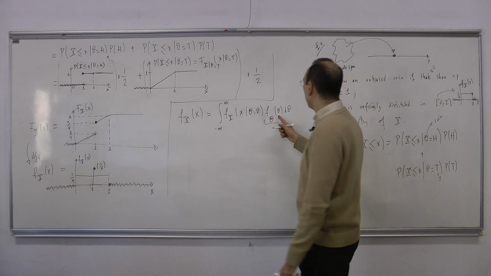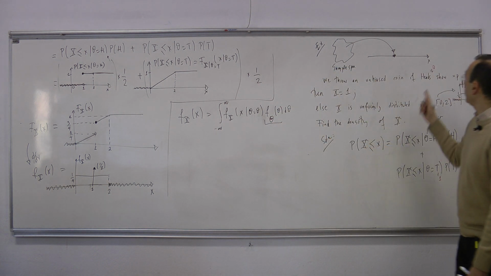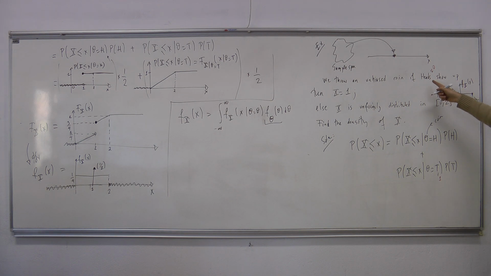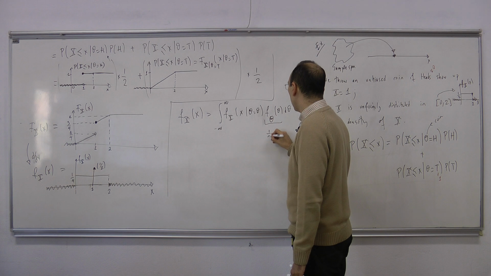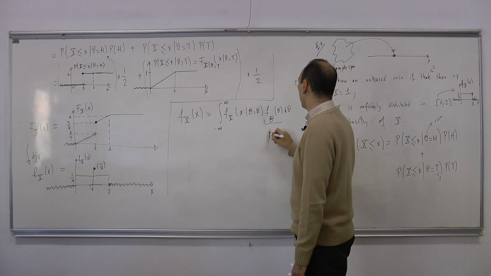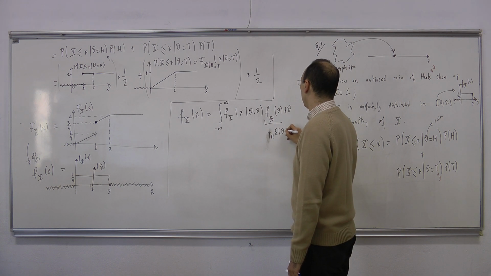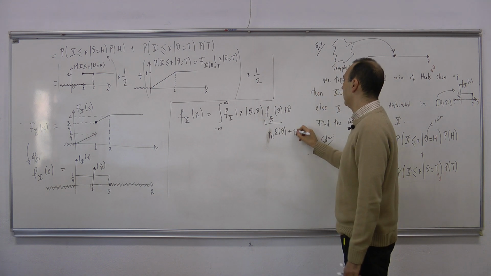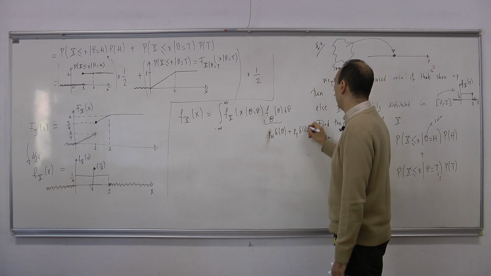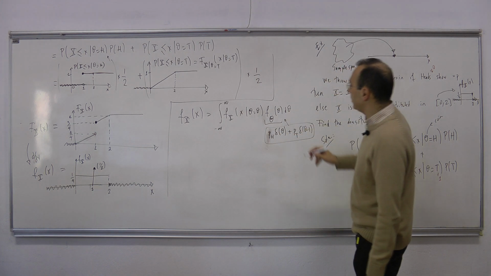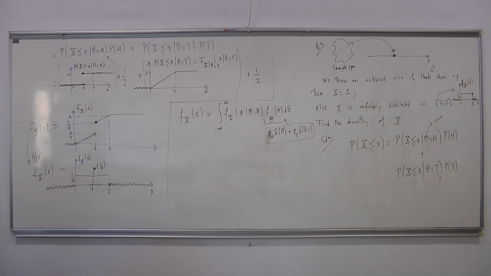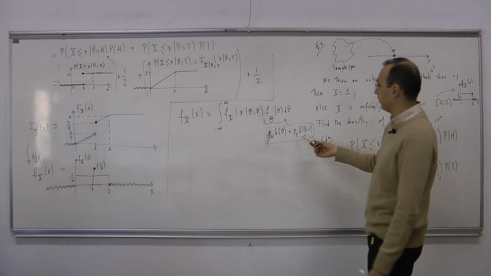So now you ask, what is the density of the coin flip? It may result in 0 or 1. So you write it like this: probability of heads times an impulse at theta equals 0, plus probability of tails times an impulse at theta equals 1. So this becomes this density. As you see, I'm again using impulses.